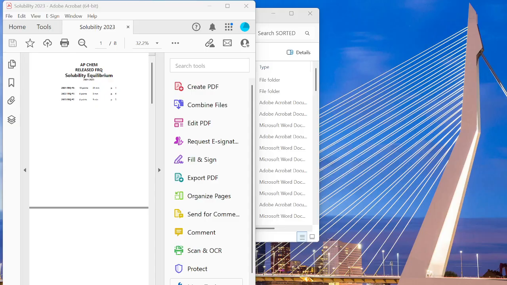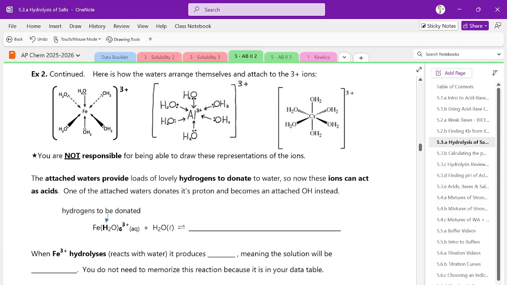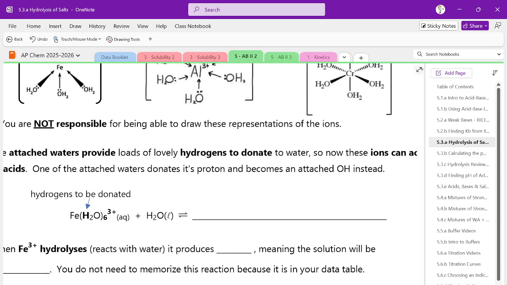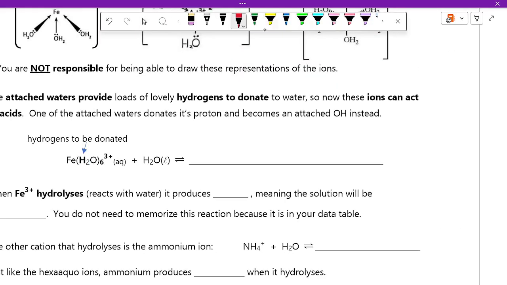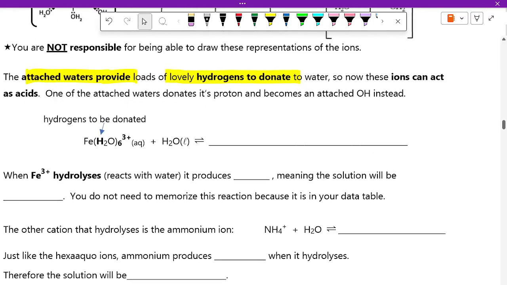So these attached waters provide loads of lovely hydrogen ions to donate to water. So now these ions can act as acids. These right here are the hydrogens to be donated.